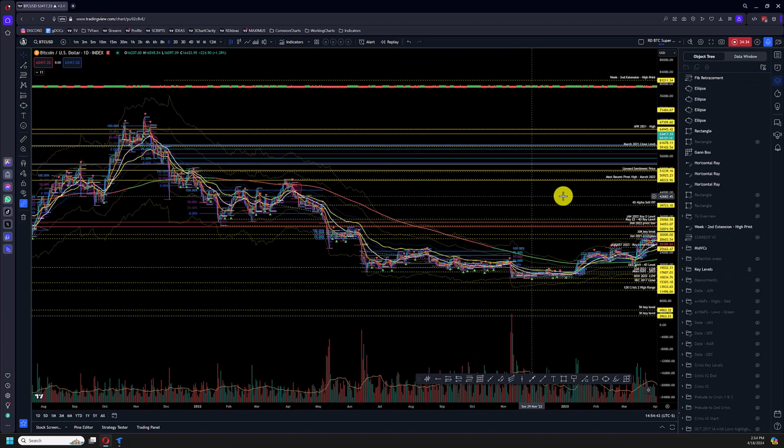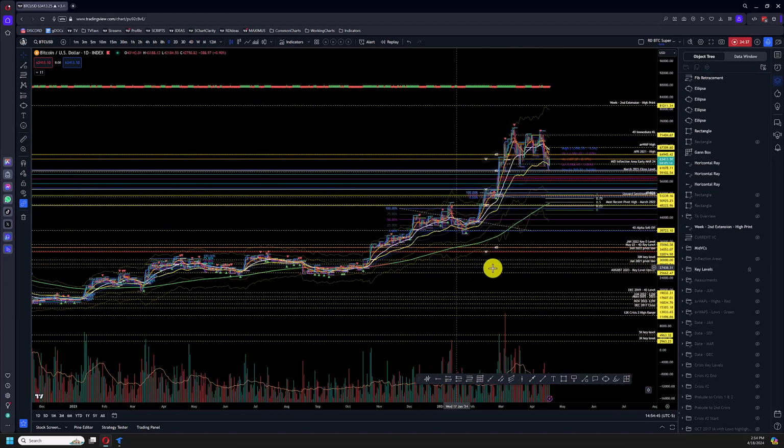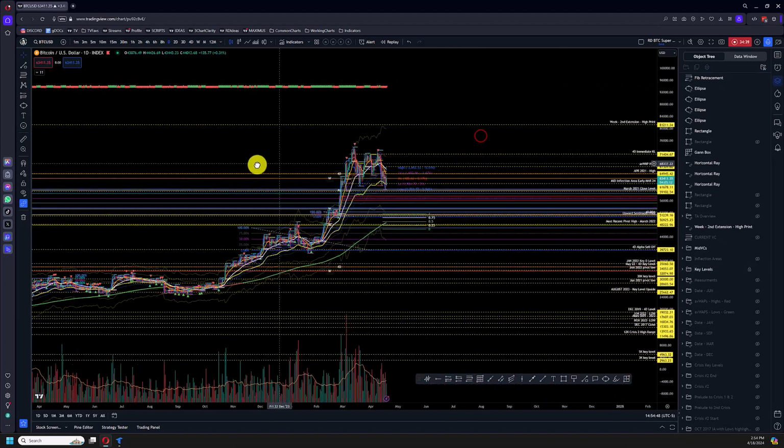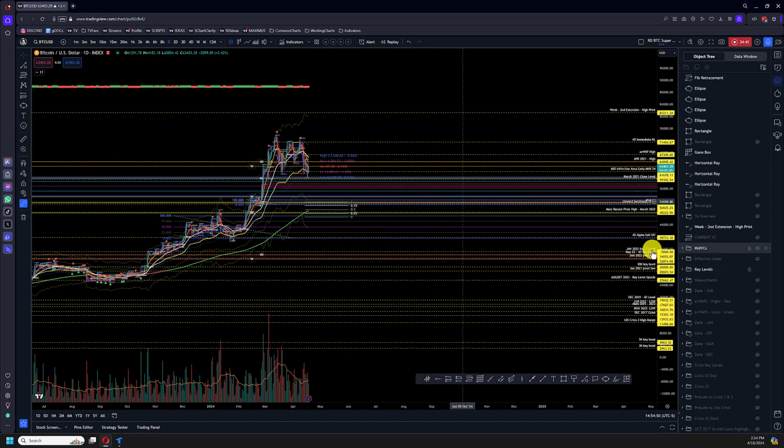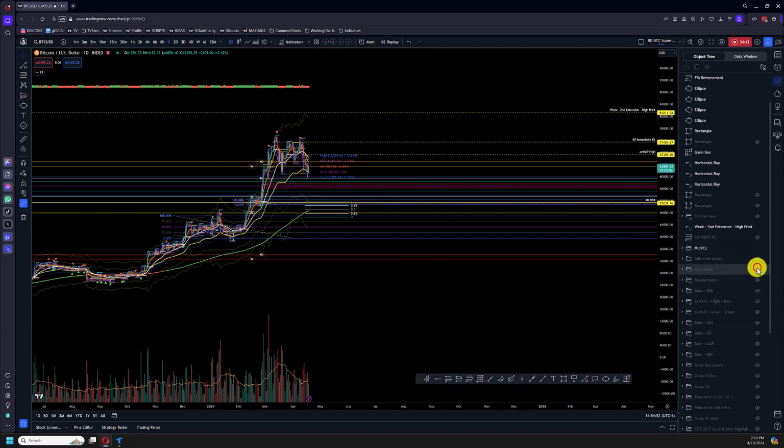So let's say that the same pattern or a similar pattern were to roll out. What are we looking at? Damn, there's a lot of things on this chart. Let's do half of that. Let's do 200 days. Let's do 220 days.